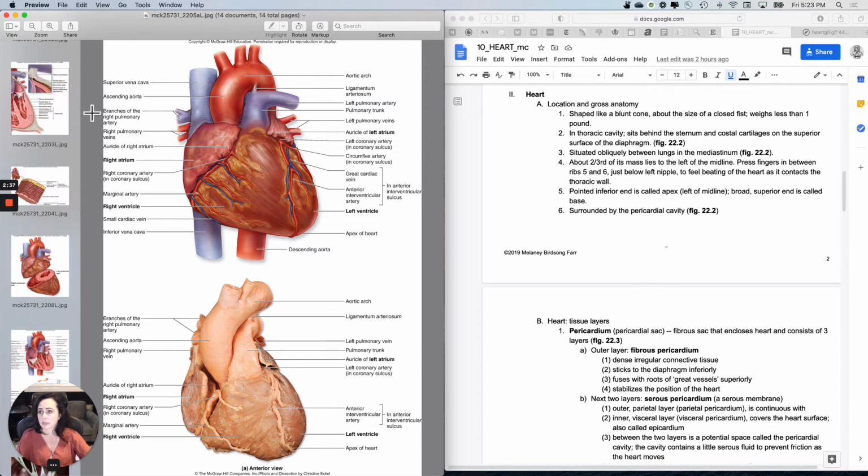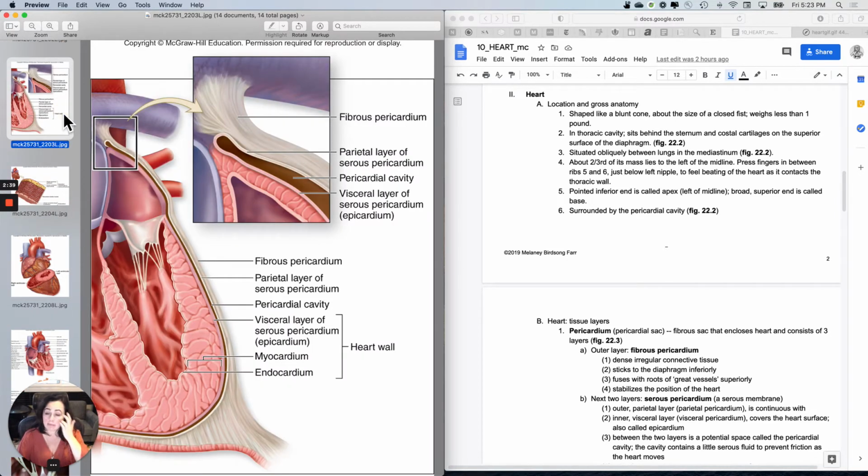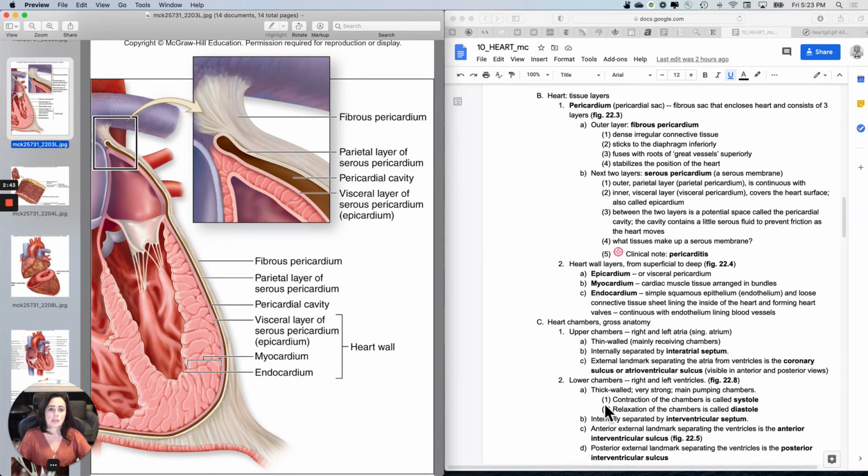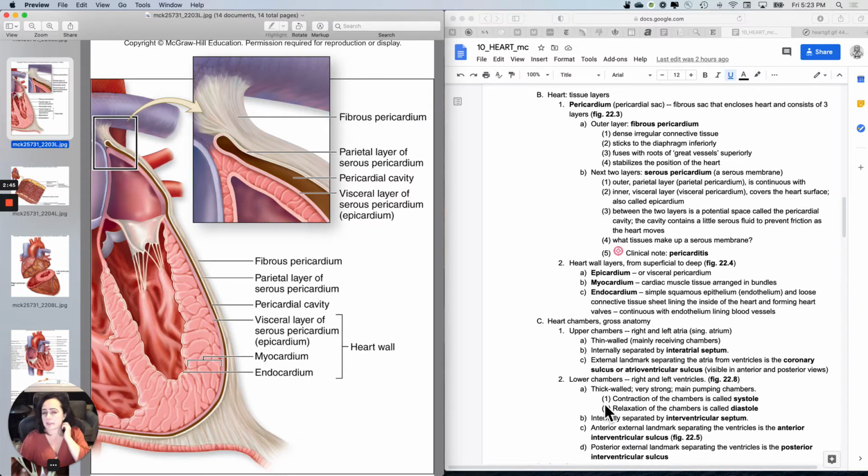Okay, so let's look at the pericardial cavity around the heart, the tissue layers around the heart. So way back when we did serous membranes, we learned about the pericardium, the pericardial cavity, pericardial sac.